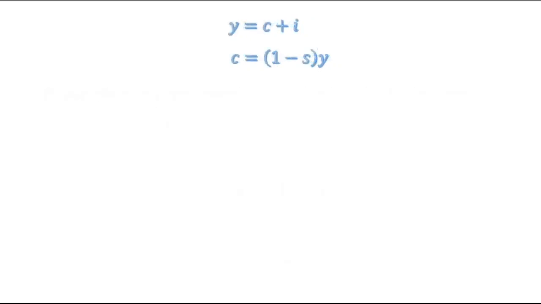So if we substitute in the first equation, y is equal to 1 minus s times y plus investment per worker.